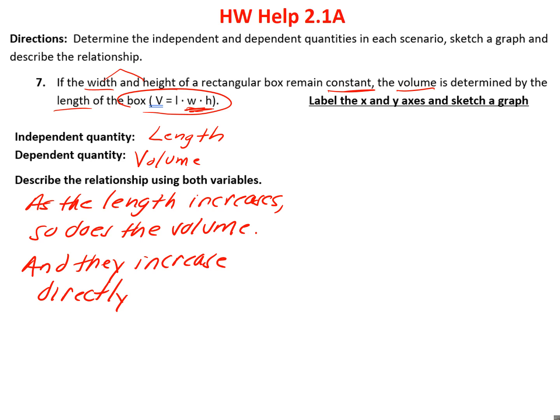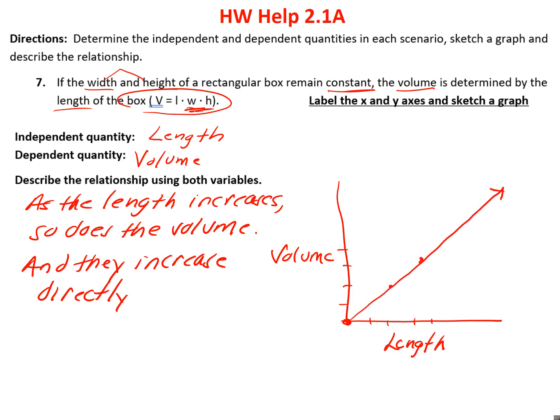That's what I mean. So in this case, our independent quantity is our length, and our dependent quantity is our volume. And as I said, at 0, there's 0 volume. But when I move up 2, this one moves up 2. If I move up 4, this one moves up 4. And you see that what you really have is going to be a straight line, a 45-degree angle coming out that way.